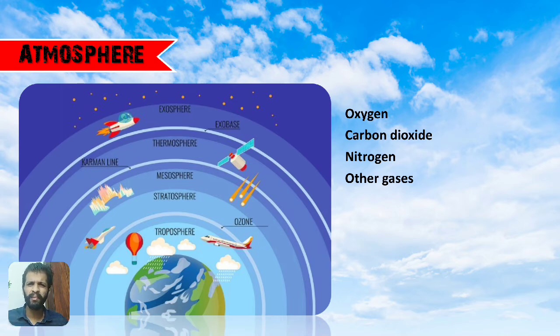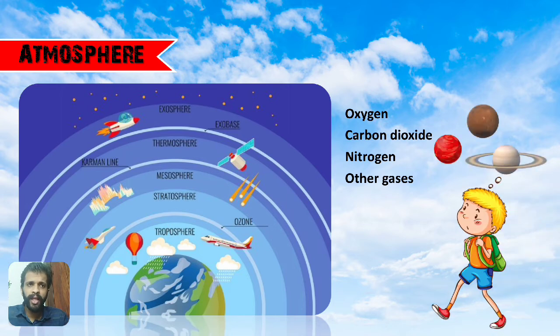Probably you must have done some assignment also, making the entire model of the solar system. But what is so special about the earth, that's our home, and something which is not common in the other planets? Just like all these other planets that are there, do they also have an atmosphere?